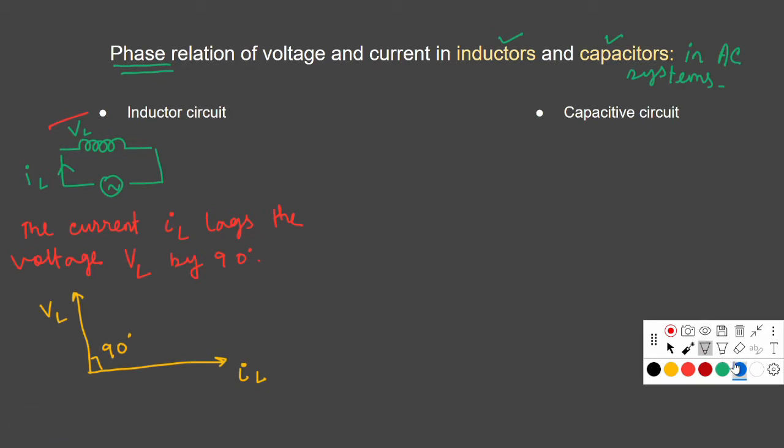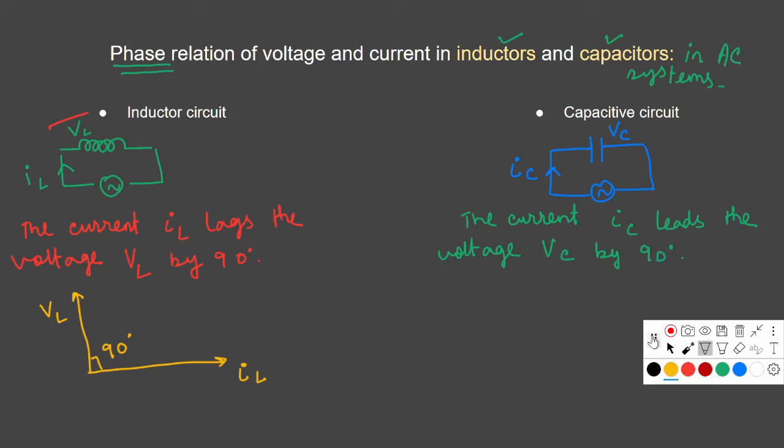On the other hand, if we have a capacitive circuit connected across an AC supply, let the voltage across the capacitor be Vc and the current in the circuit be IC. Then we can say that the current IC leads the voltage Vc by 90°.